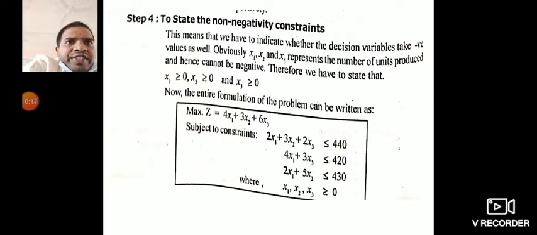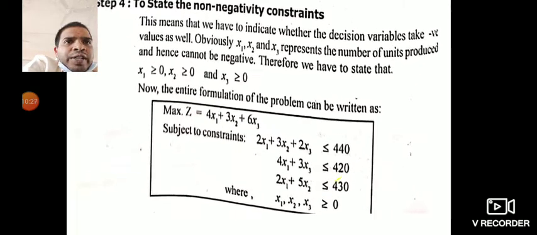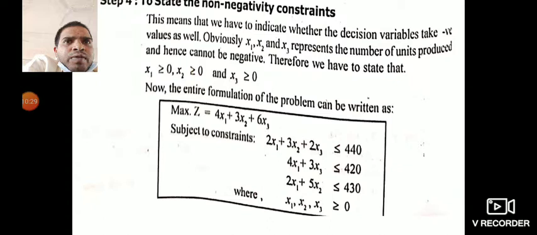Finally, we represent the non-negativity constraint, that is step 4. As I said, for every problem x1, x2, x3 are always greater than or equal to 0. Now you need to represent the LPP problem in the final form.